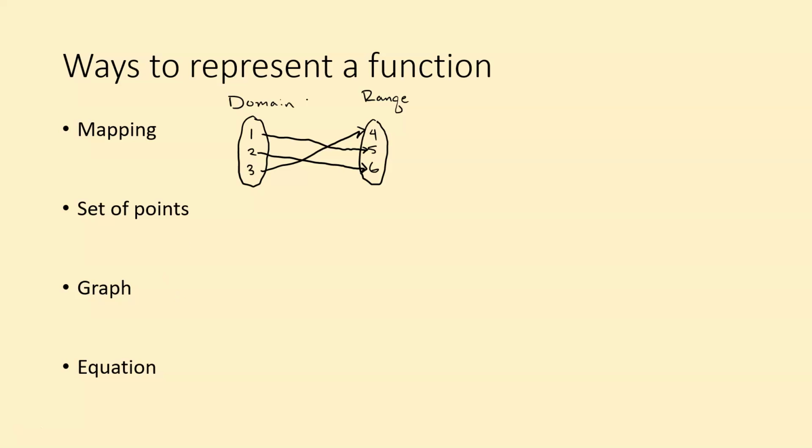A set of points is when we have multiple coordinates. Let me use this same relation I had up here. One of my coordinates would be 1, 5. Another would be 2, 6. And another would be 3, 4.